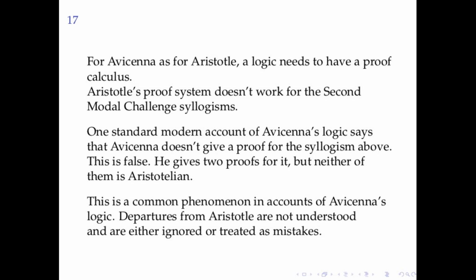It's sad to say this is a common phenomenon in the literature, particularly the Western literature on Avicenna, that whenever Avicenna does something different from what Aristotle said, people don't understand what he was doing, and either they ignore it or they regard it as a mistake. So when we come on to the next slice of this lecture, I'll explain to you Avicenna's second method of proof for his syllogism.